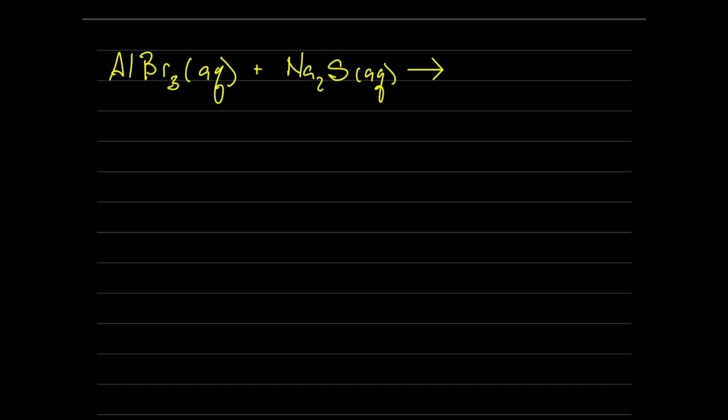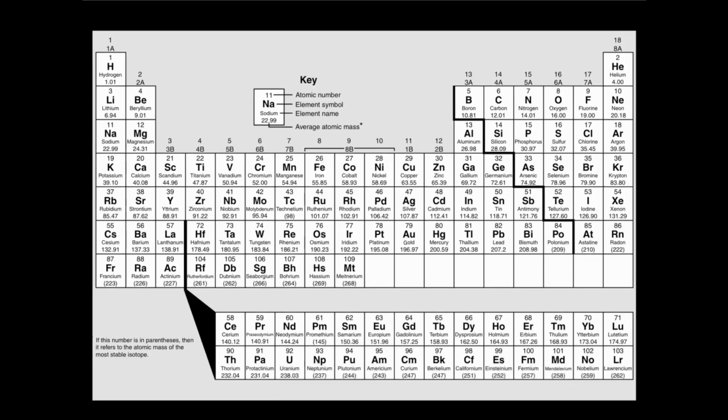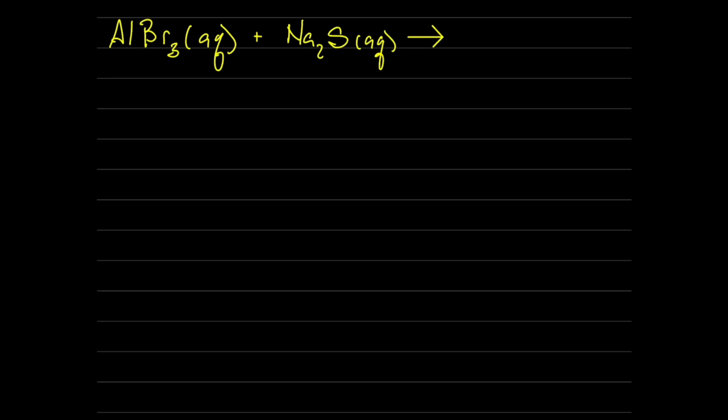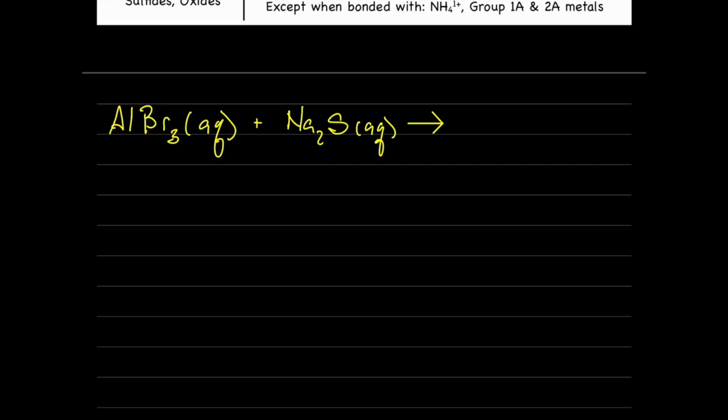Now, the first part of this is stuff we've already done. We figure out the charges, so hopefully we know that aluminum is going to have a 3+ charge. Bromine is going to have a 1- charge.